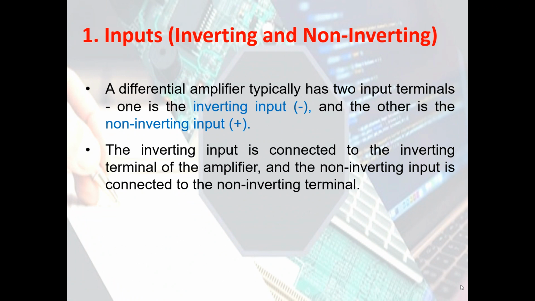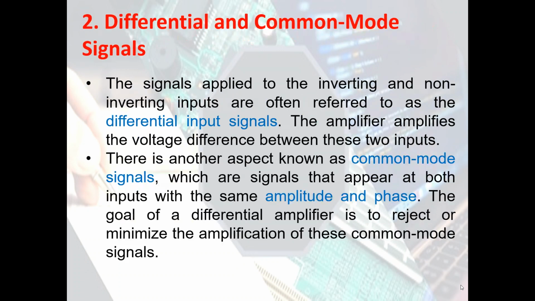The inverting input is connected to the inverting terminal of the amplifier, and the non-inverting input is connected to the non-inverting terminal as well. So in terms of the differential and common mode signals, the signals applied to the inverting and non-inverting inputs are often referred to as the differential input signals. The amplifier amplifies the voltage difference between these two inputs.